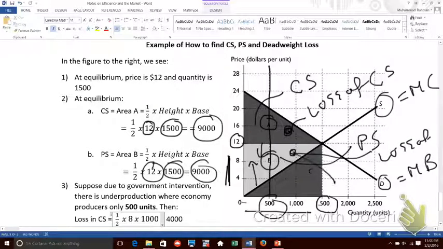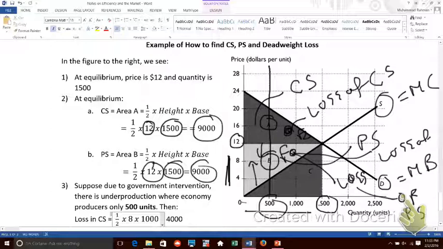So let's call this E and let's call this F. All you have to do is calculate the area of these two.